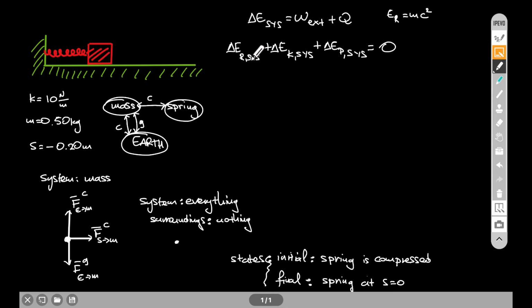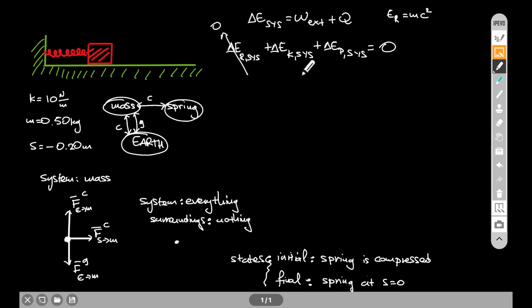The rest energy will change when the mass of the object changes. This happens typically in nuclear reactions, and we don't have anything like that here, as we did in Physics 1. So you can say the mass of the system does not change, so the change in the rest energy needs to be 0. That's how I can get rid of that term.